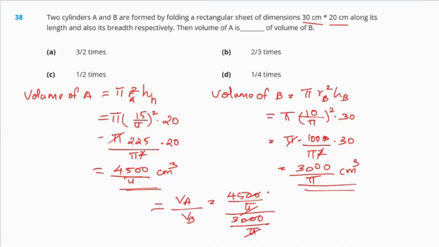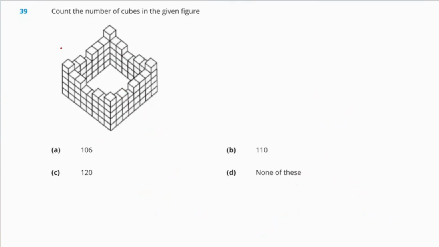We simplify this to find how many times it is greater. 15 into 3 is 45, and 15 into 2 is 30, so 3 by 2. So the volume of A is 3 by 2 times that of volume B. So the correct option is option A.